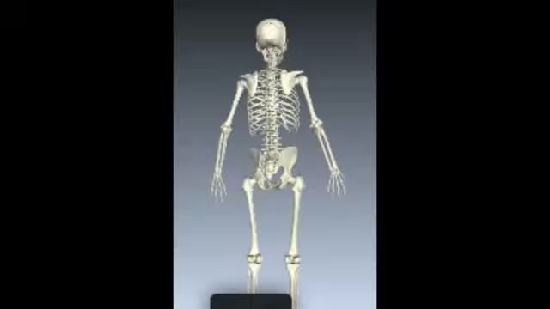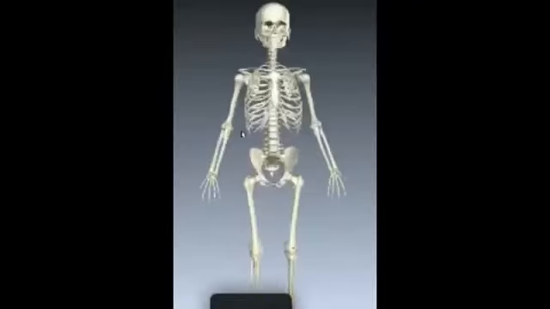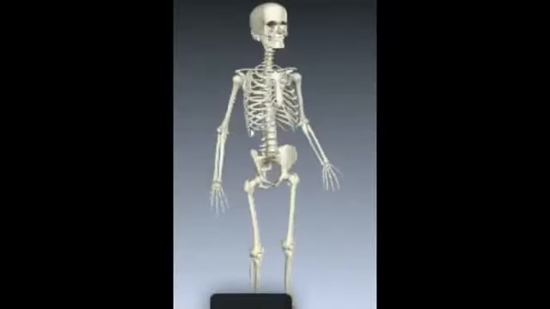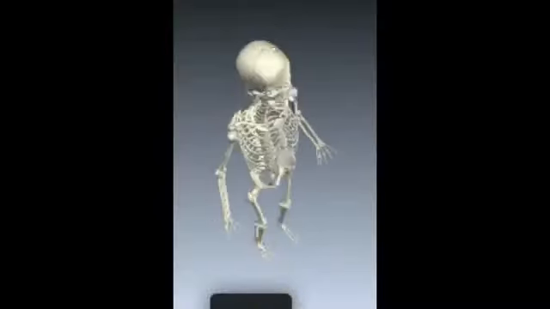Okay, then what I want to show you is more visible like this. What is the function of your skeleton? The first function is support. All the internal organs are placed inside of this structure. Your brain is inside the structure of the skull, so the skull protects your brain.